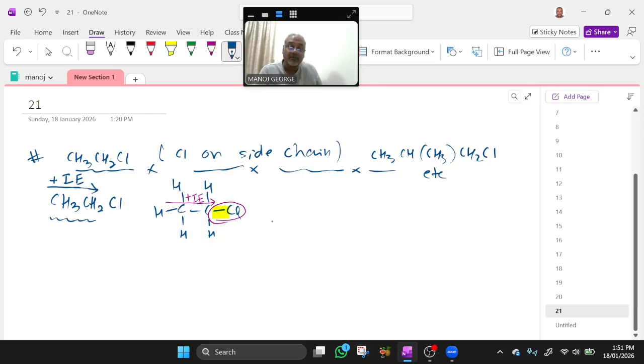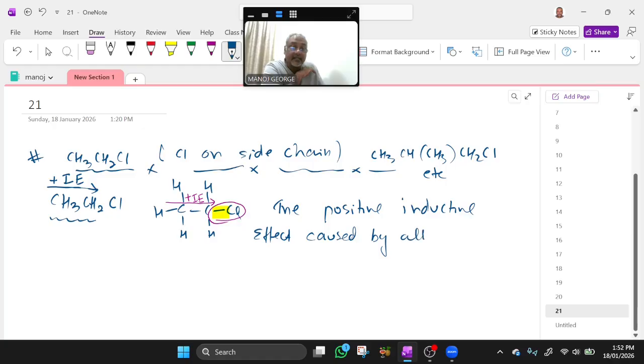All you have to learn are these main points. The positive inductive effect, because later on I will be adding one or two more compounds, so you have to use these words every time. The positive inductive effect caused by the alkyl group. Any question that comes in the exam, just say alkyl group.